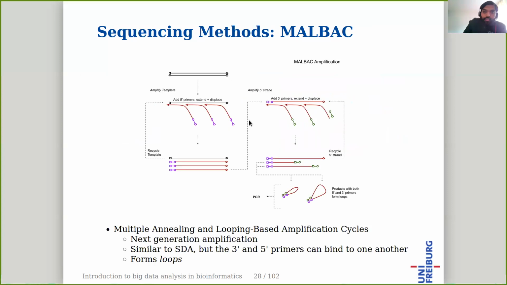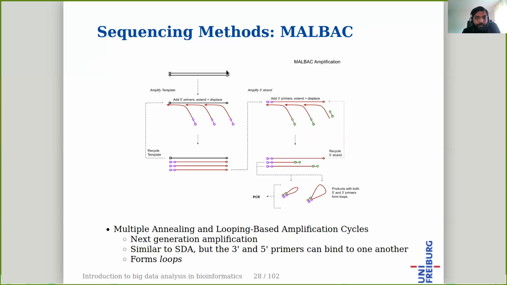To solve this problem, especially in single cell sequencing, a new amplification method was invented. That's called MALBAC. MALBAC stands for multiple annealing and looping based amplification cycle. It starts similar to what you've seen in the SDA, extend and displace.